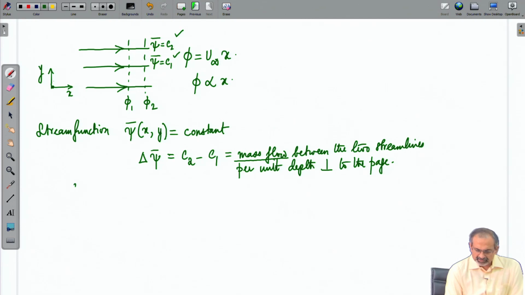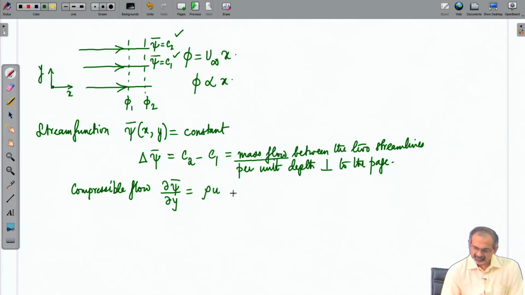Now, if it is a compressible flow, we can take the spatial derivatives of the stream function to obtain the mass fluxes.